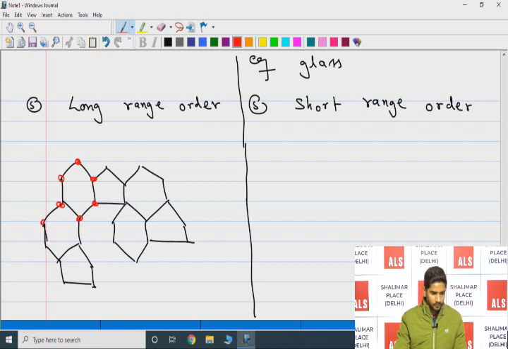At these joints, you can see there is a repeated pattern, and it is continuous. This is the meaning of long range order: a repetitive pattern that is continuous. Whereas if you talk about this one, let's suppose we have such a pattern.